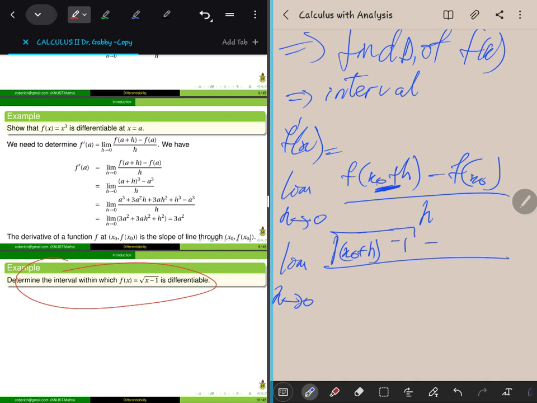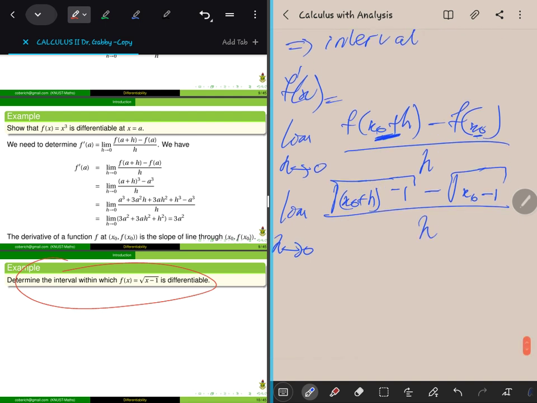This is all for this. Then minus this side, the x inside is just x naught, so that will be the square root of x naught minus 1, right? And then we have here to be h.